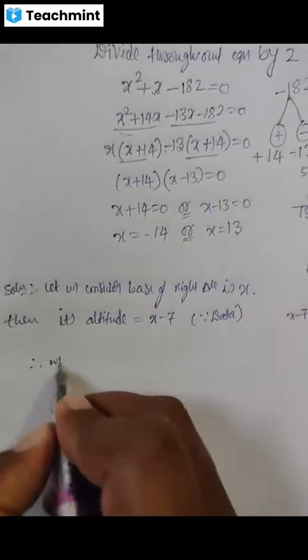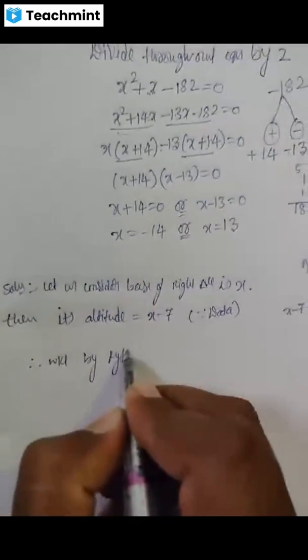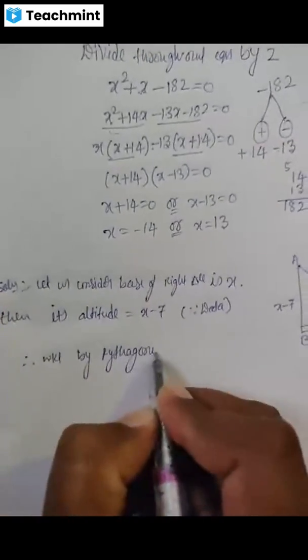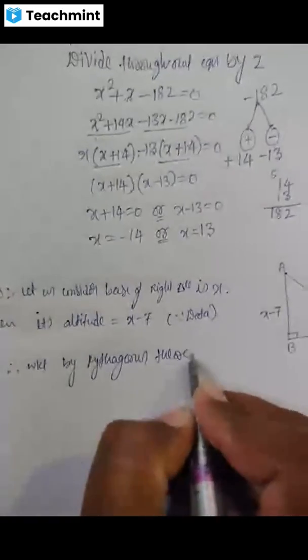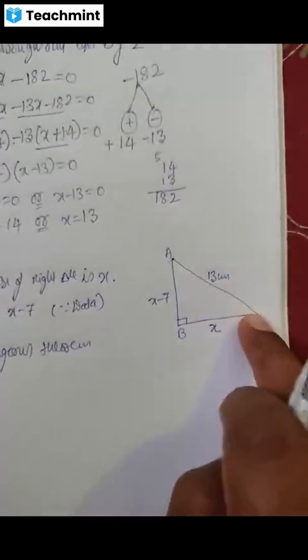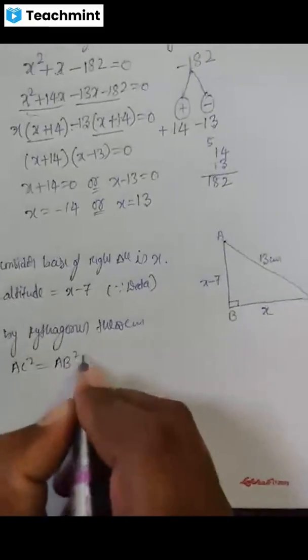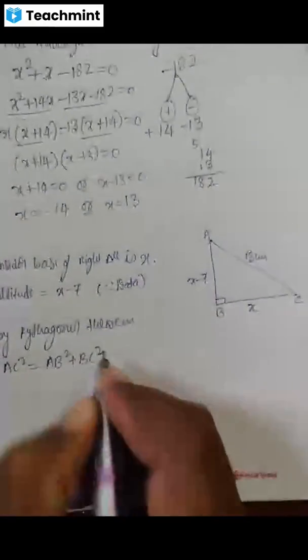Therefore we know that by Pythagoras theorem, AC square, the hypotenuse, is equal to the sum of the squares of the other two sides. So what is that? AB square plus BC square.